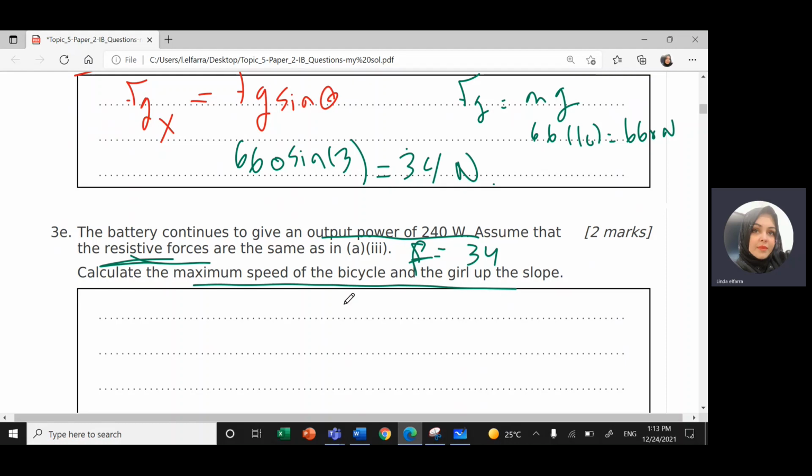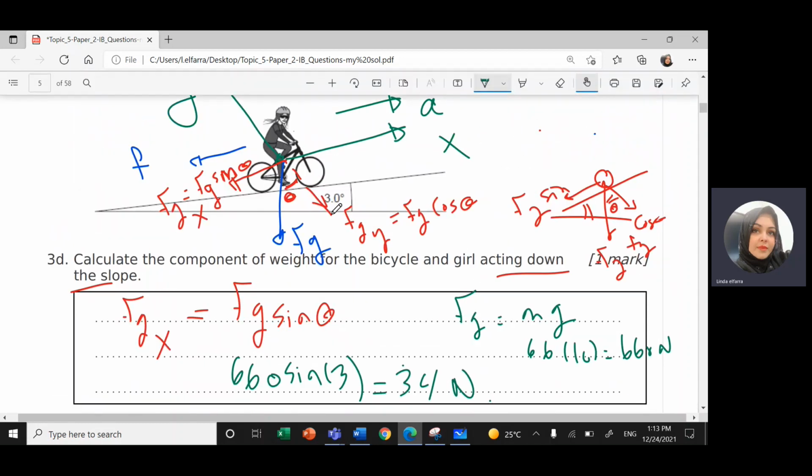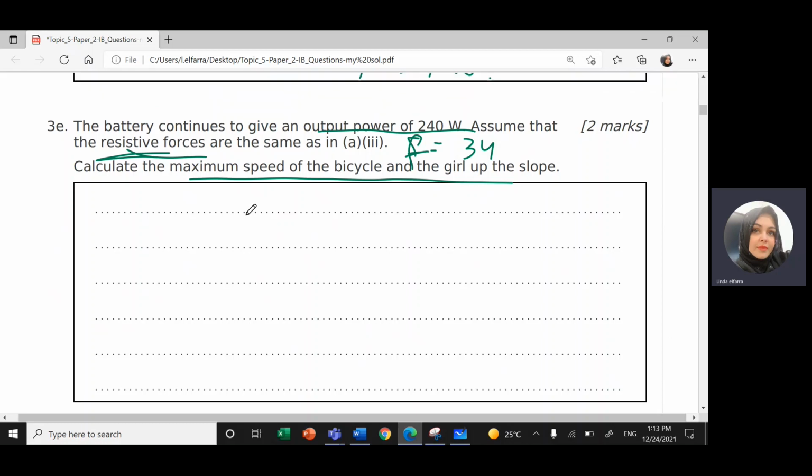First, I have to find the total forces acting on the girl and the bicycle. The total force I have F, the friction force, beside the force, the component force in x direction. So these two forces together, I have to find the value of these forces.